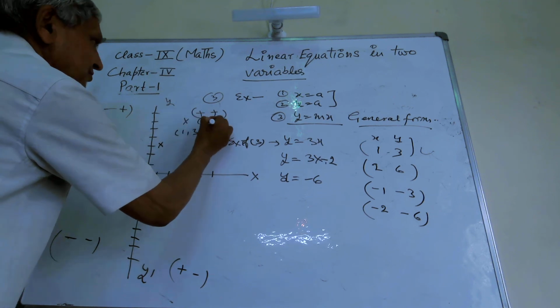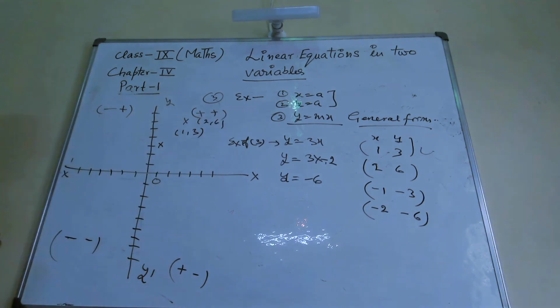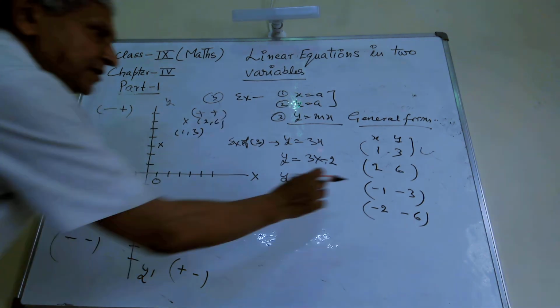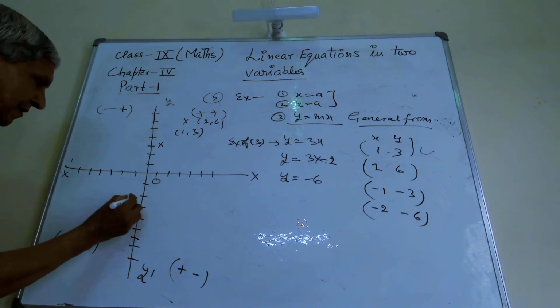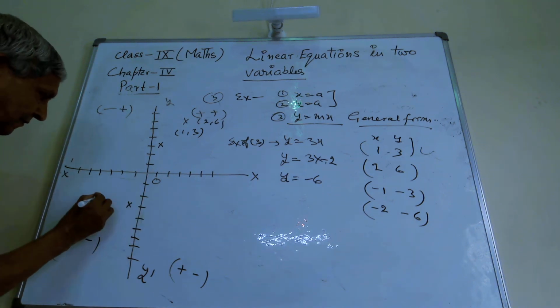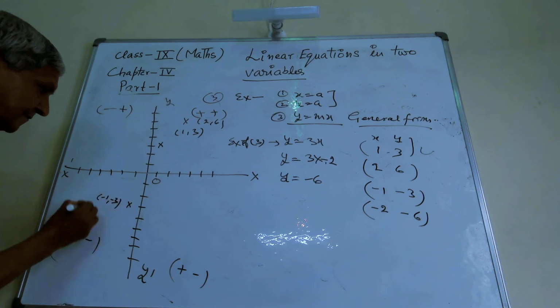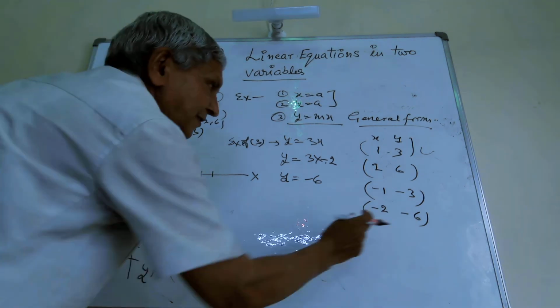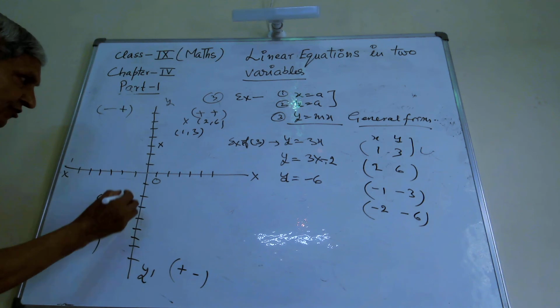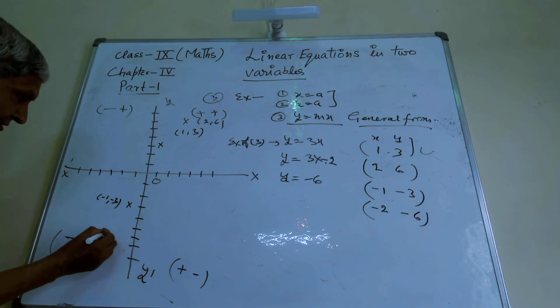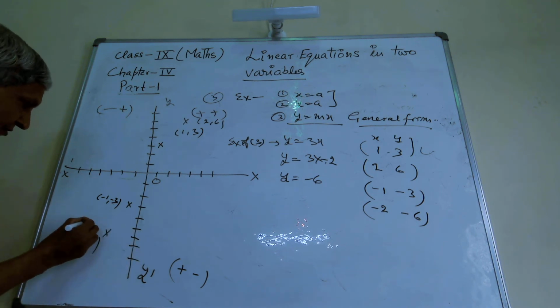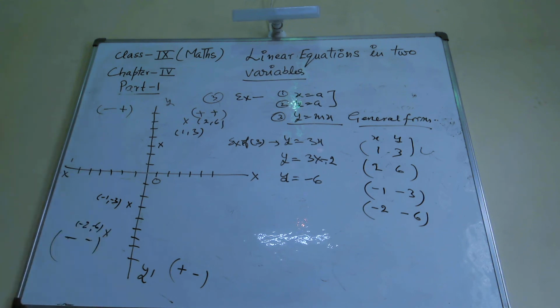Now the third point, (minus 1, minus 3), here. And fourth, (minus 2, minus 6). 1 2 3 4 5 6, minus 6. Minus 2, minus 6. These are the approximate points.